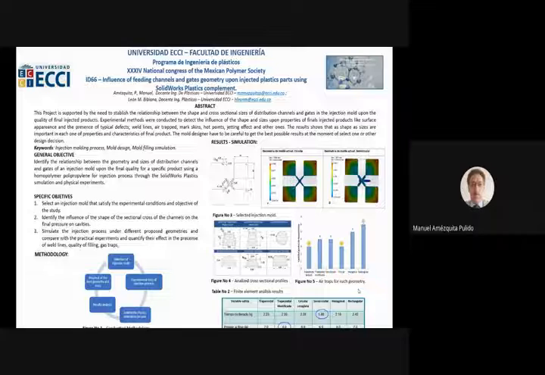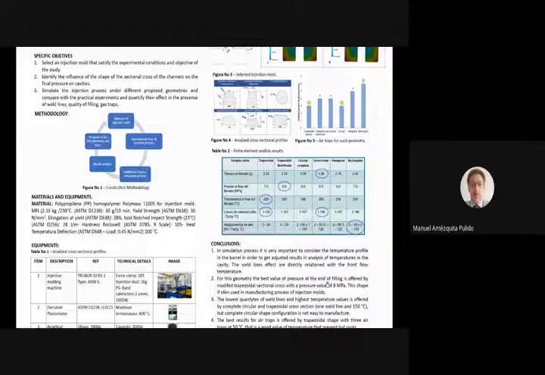We can see that the results are best for the trapezoidal geometry, which is the actual one in the mold, circular geometry, and rectangular geometry. In table number 2, we can see different results for filling times, where we can see that semicircular geometry has the best value with 1.88 seconds.